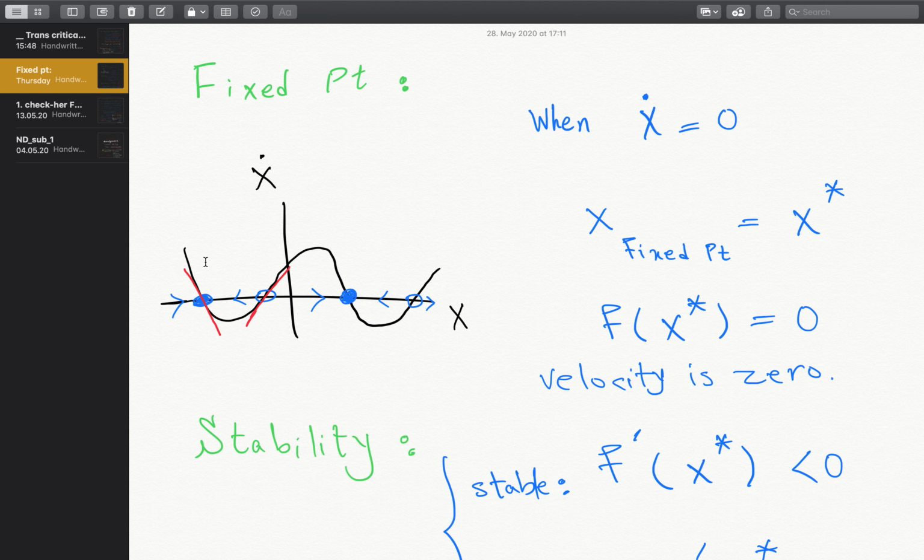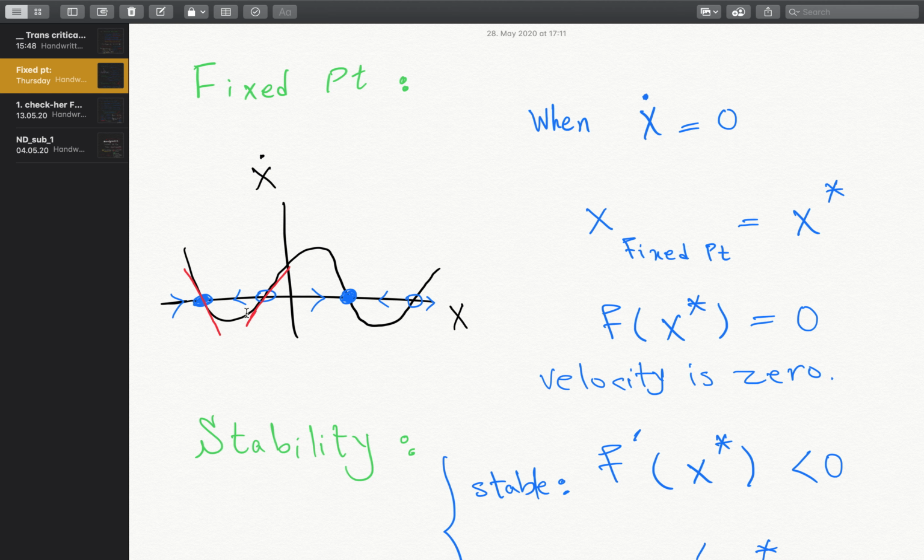Why? Because before this point, which is this part, x dot is positive, right? What does x dot positive mean? It means that x is increasing. So if I have a state here, the x of it is increasing.